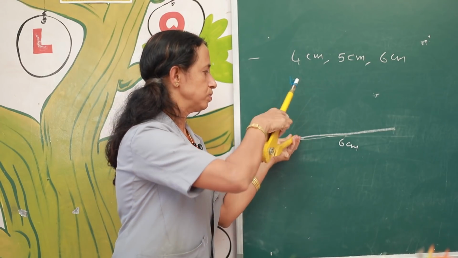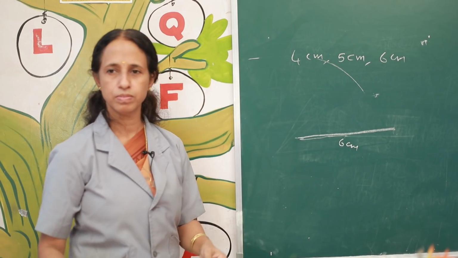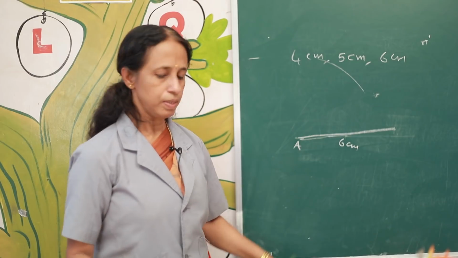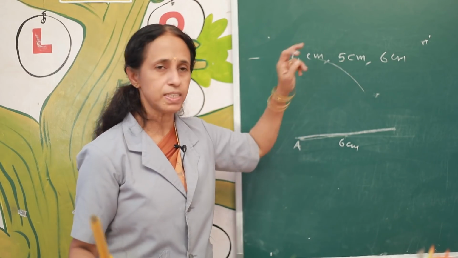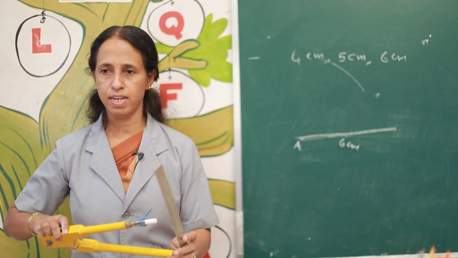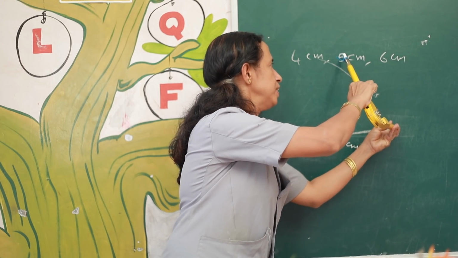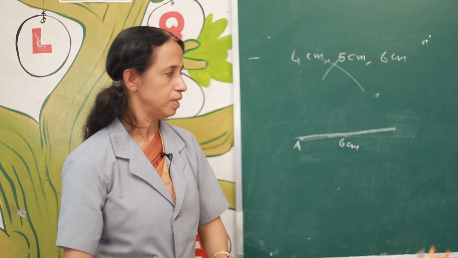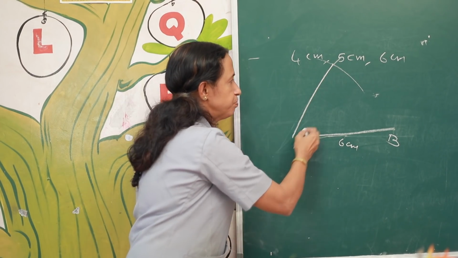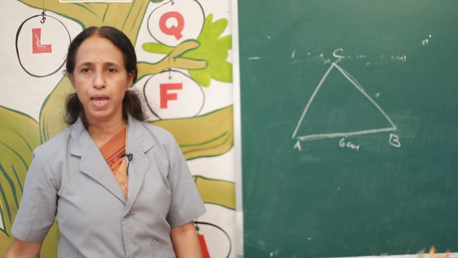Draw an arc centered at A. Next, measure 5 centimeter on the scale and draw an arc centered at B. This is triangle ABC.